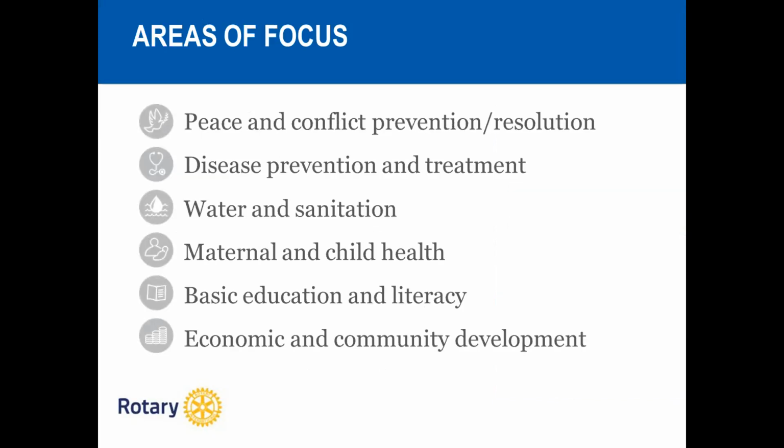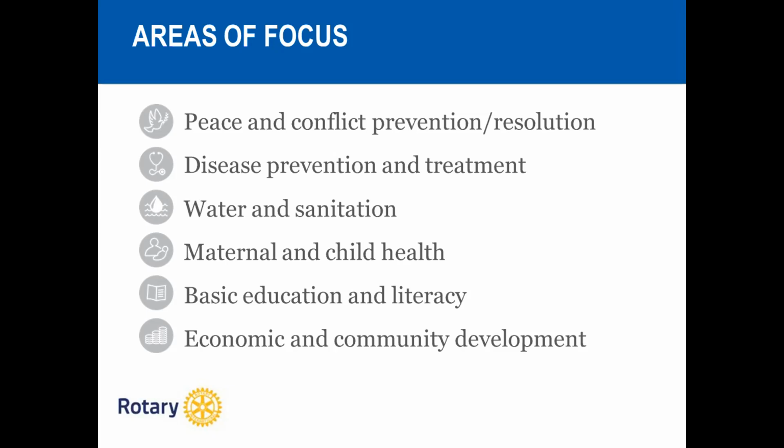So we mentioned that the global grant must support at least one of Rotary's 6 areas of focus, which reflect critical humanitarian needs that Rotarians are addressing worldwide. You know what they are.